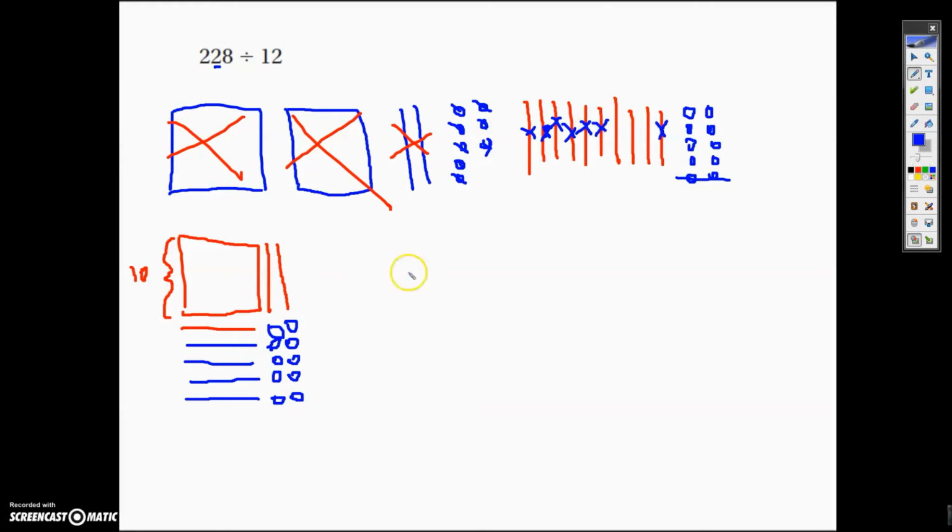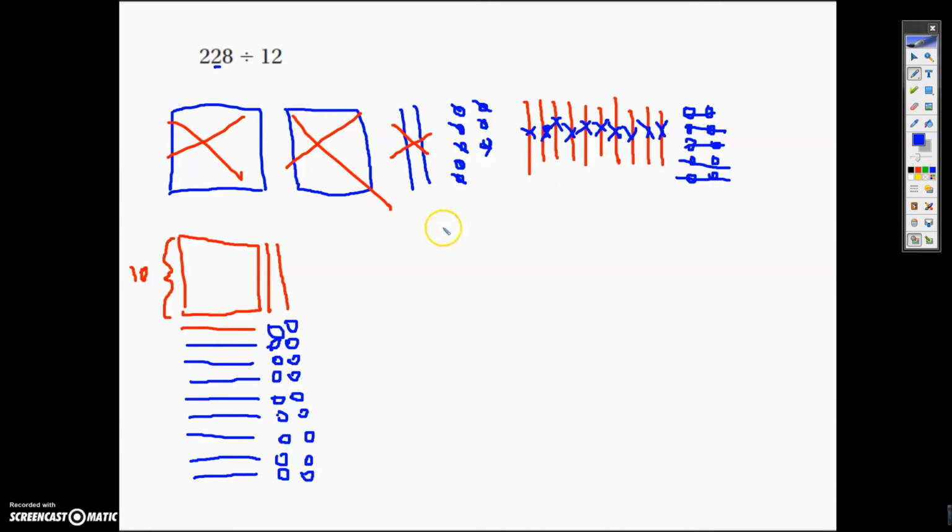I get another one of my 10s and 2 more ones. Another one of my 10s, 2 more ones. Another 10. That's taking a long time. And then 2 more ones. And then finally another 10 and 2 ones.